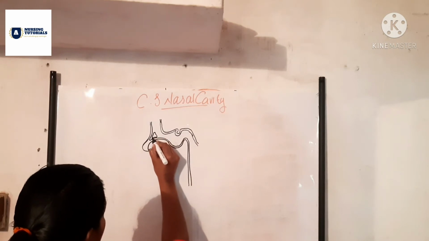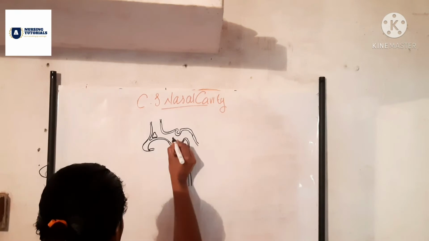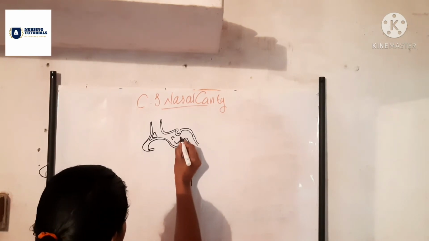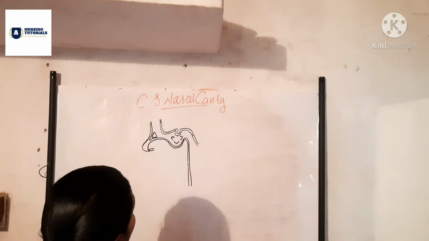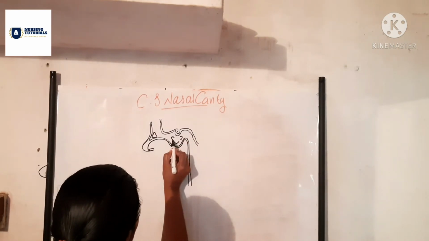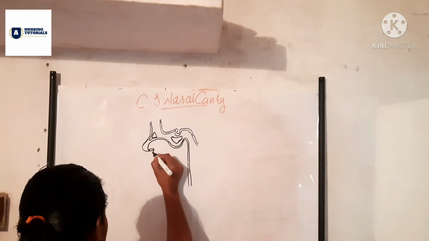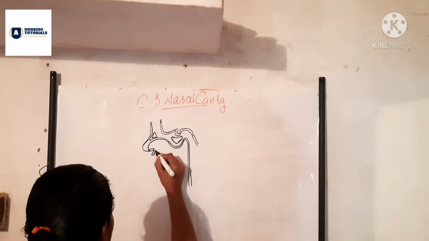Sinuses means the cavities within the bony structure. Now there is one more sinus just under the sella turcica. Draw it also in a triangle shape.